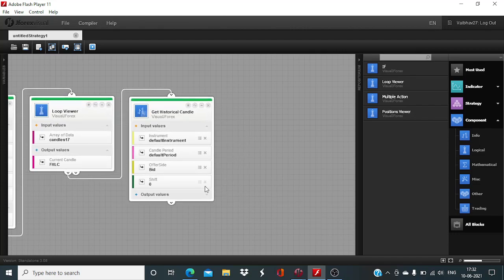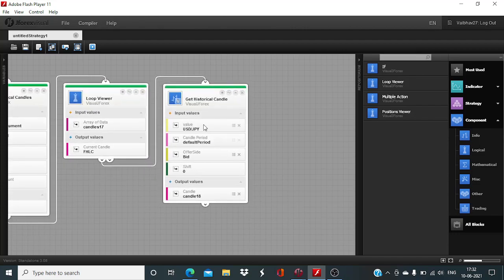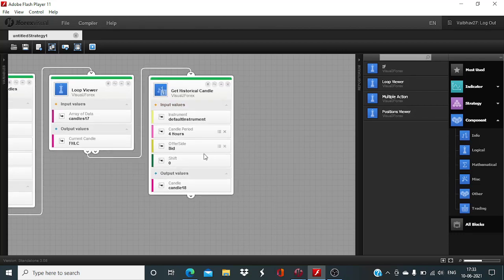And after that, we will also need to define the single 4 hourly candle of the default instrument USD JPY.